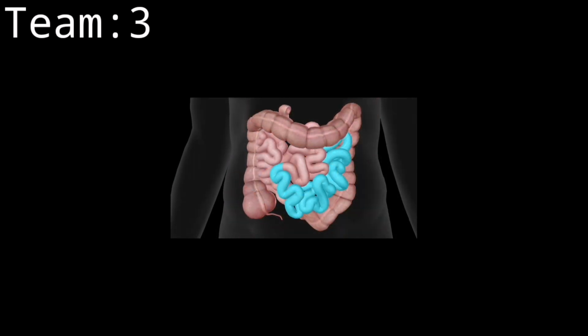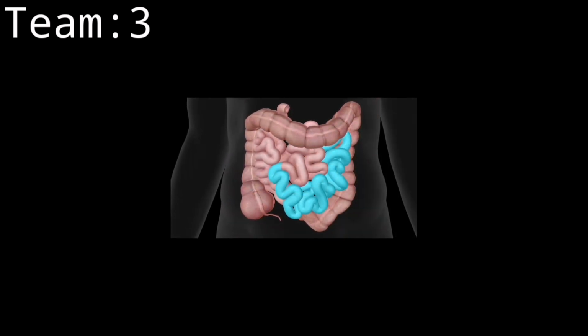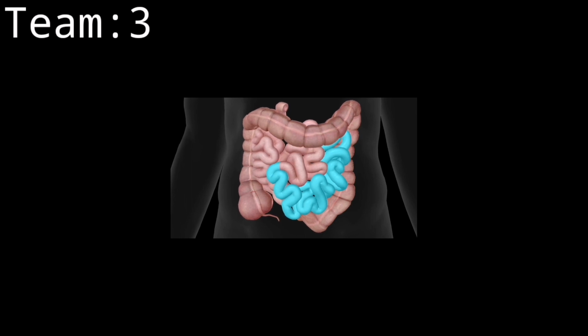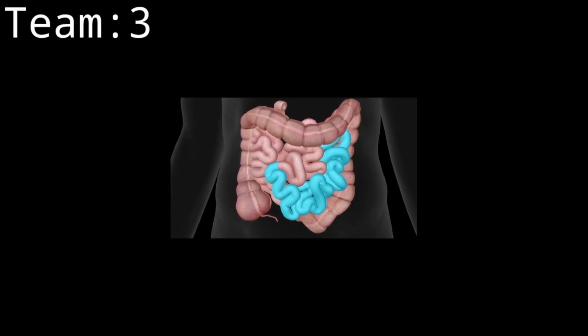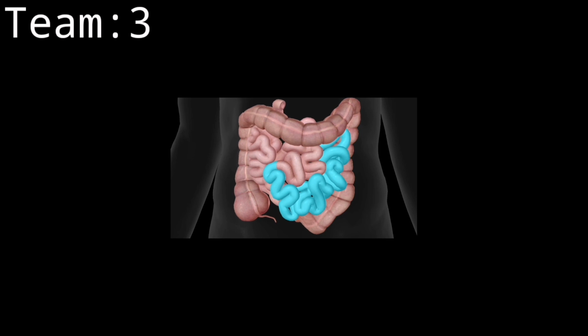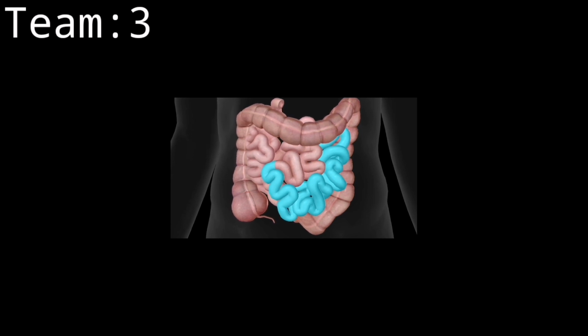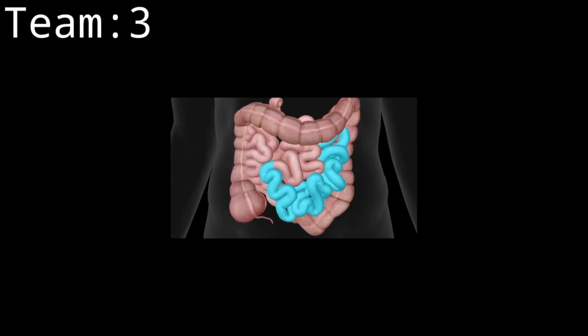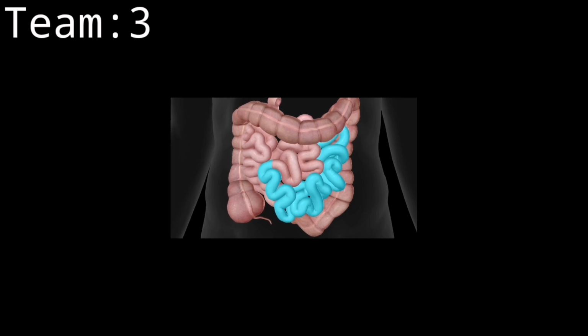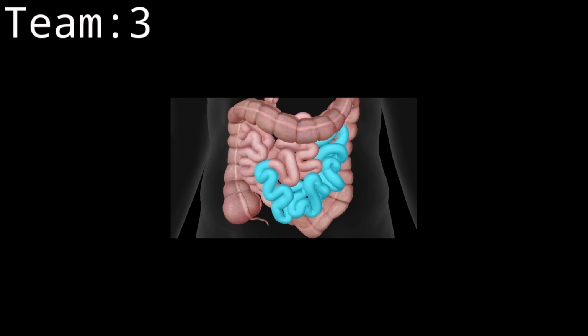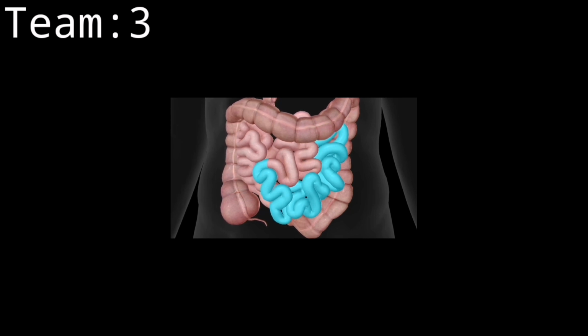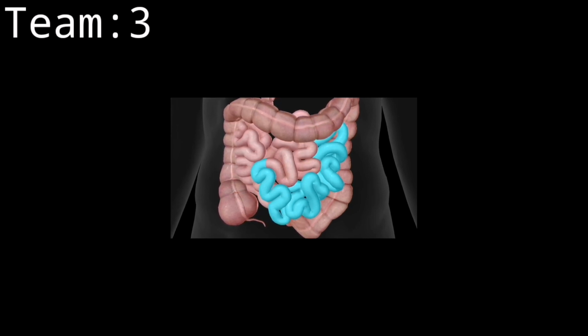The jejunum, middle segment of the small intestine, occupies mainly the left umbilical region and is approximately 2.5 meters long. It extends as a series of folds from the duodenum to the ileum. The jejunum is distinguished from the ascending portion of the duodenum by the duodenal angle.